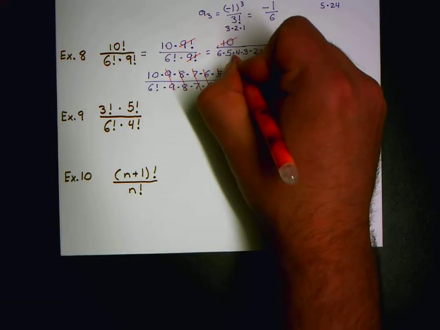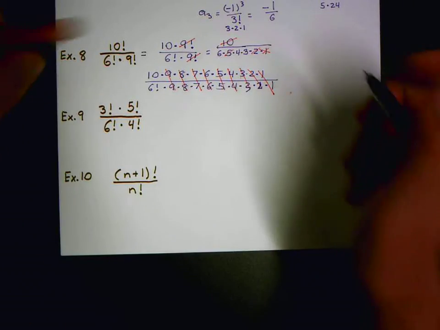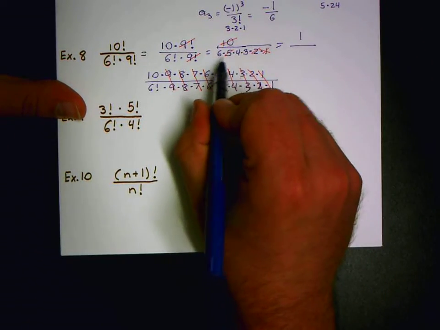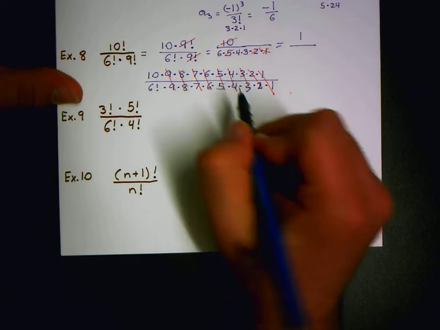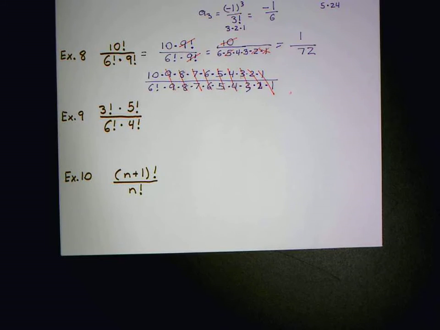So the 10 is 5 times 2. So then it'll be 1 over 6 times 4 times 3. So there's my answer. So all you're doing with these is you're doing a whole bunch of cancellation.